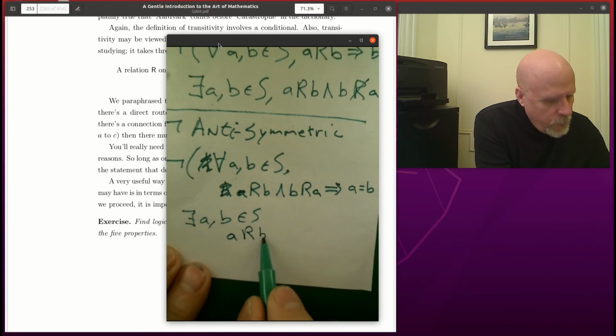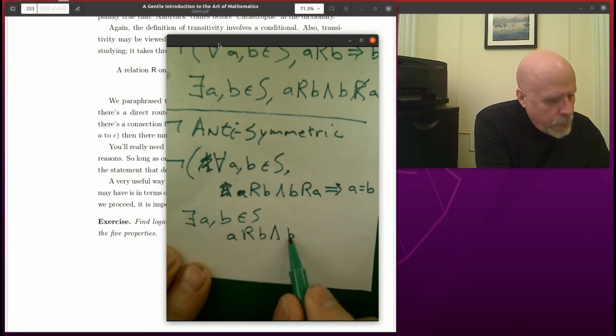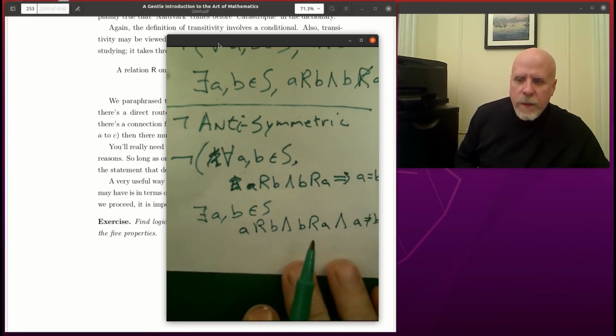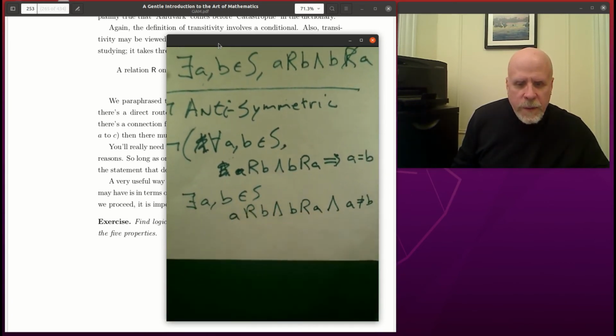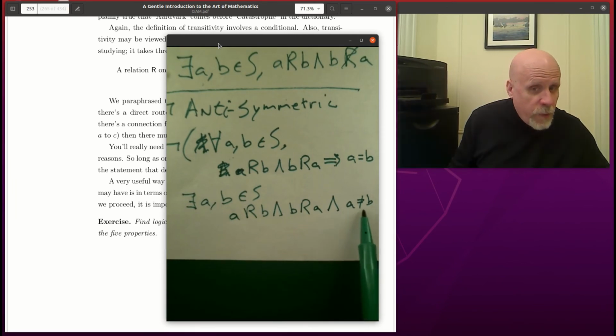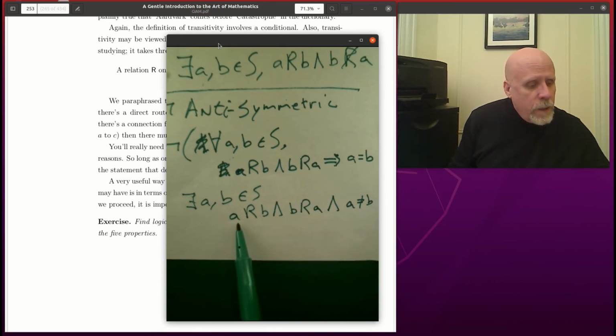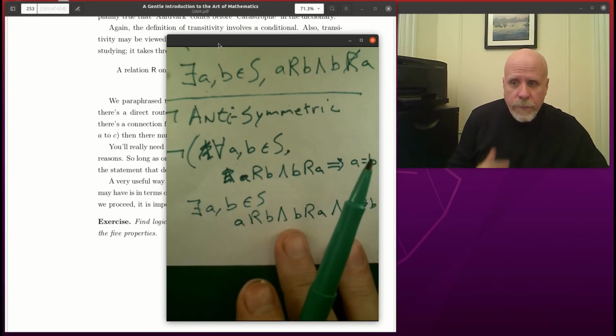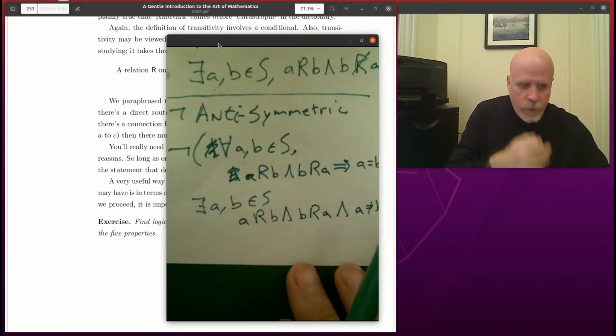A is related to B, and B is related to A, and A is not equal to B. I probably would like to say that with the last thing first. There exist A and B that are different from one another, such that A is related to B and B is related to A. That's what the negation of antisymmetry looks like.